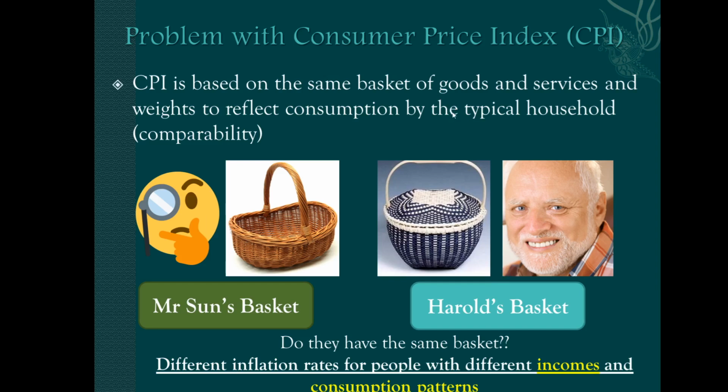If we use this assumption right here, that CPI is based on the same basket of goods and services and weights, it will create five problems that we can see so far. Of course, there will be more problems, but we just want to focus on these five.